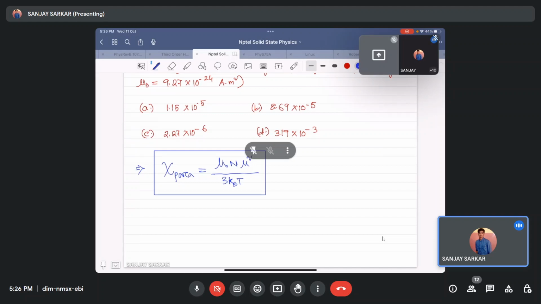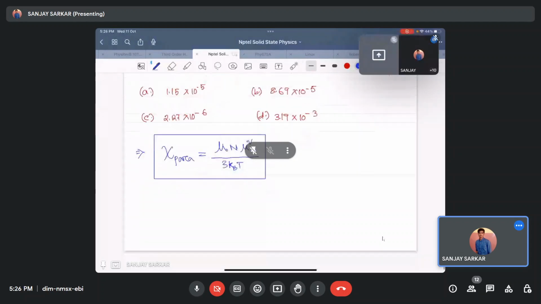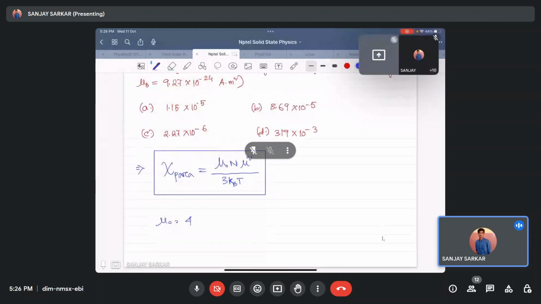Shall I solve it, or you can do it? See, and also the value of mu naught is 4 pi into 10 to the power minus 7 in the unit of Henry per meter.